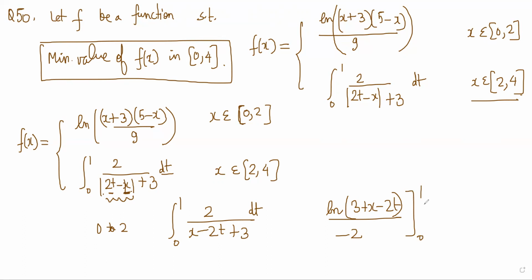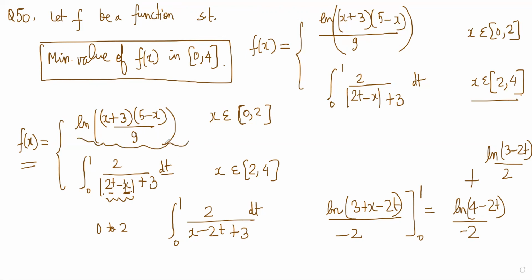So your fx will come as equal to ln of 3 plus 1, 4 minus 2t by minus 2 minus minus, so plus ln 3 minus 2t by 2, right? Once you have your fx, it's a matter of differentiating both the functions, right?